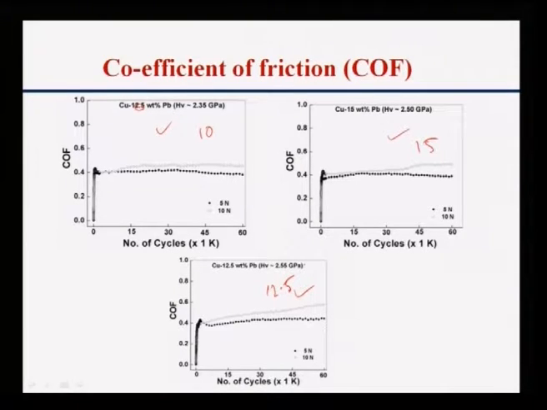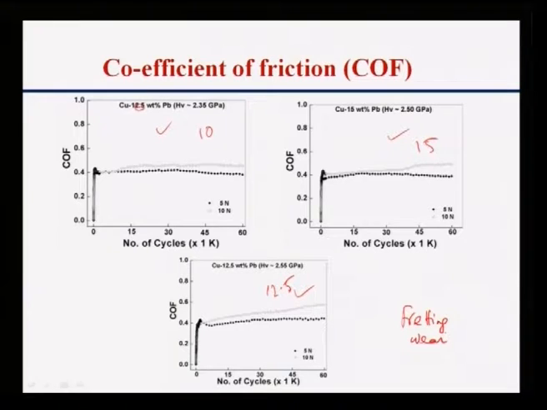So if you look at the coefficient of friction values, this is done in fretting wear, because fretting is more severe than sliding wear, and most bearings actually undergo a kind of fretting wear. So that is why you want to do it in a normal atmosphere, because that is where they are applied. And here you could see the coefficient of friction for fretting cycles up to 100,000 remains constant for most of the cases, close to 0.4.